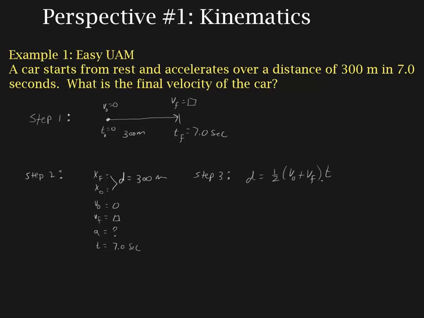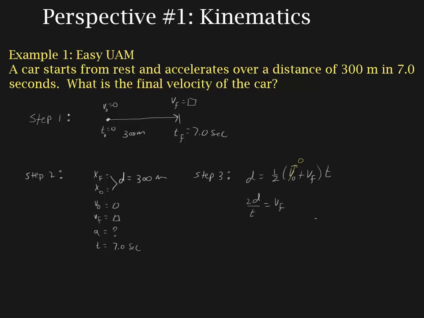What we're looking for is the final velocity, and the initial velocity is 0, and it's usually quite helpful to, early on in the process, eliminate those things that are 0. So the initial velocity is 0, that whole term is going to go away. That's going to give us 2d over t is equal to v final.